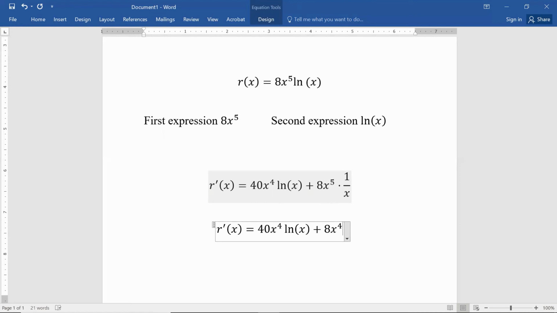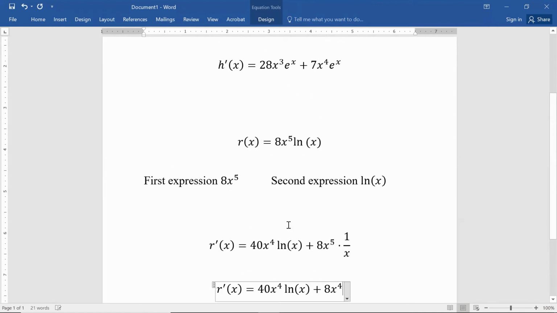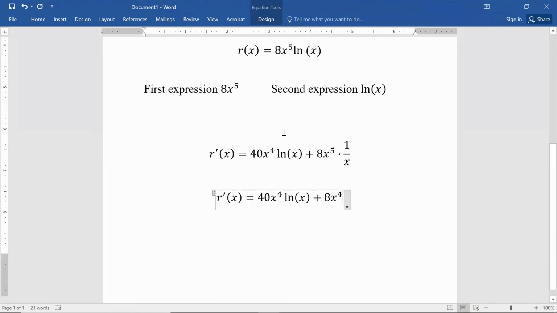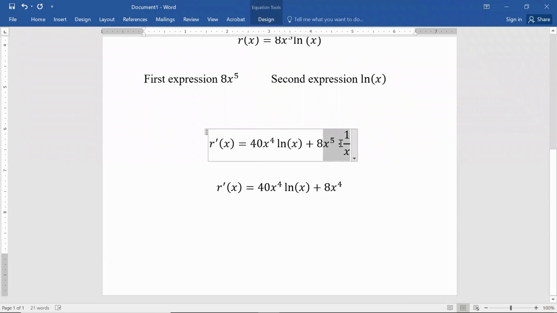So once again, I tend not to factor out a greatest common factor. You could factor out an x to the fourth and an 8 here in both terms, just like we could factor out an x to the third and a 7 and an e to the x up here. So I tend not to factor out things, but I do multiply things like x to the fifth times 1 over x. Or if I had numbers, I would multiply coefficients if I had those.